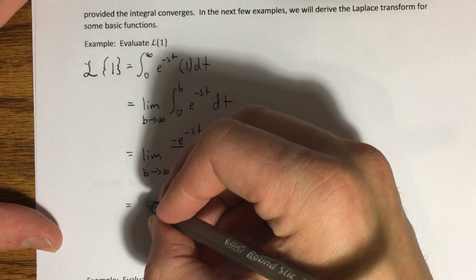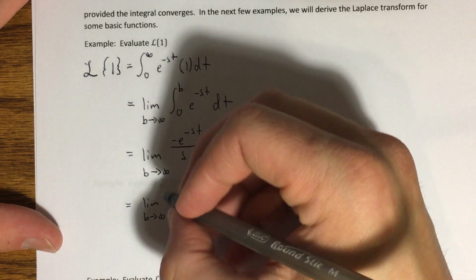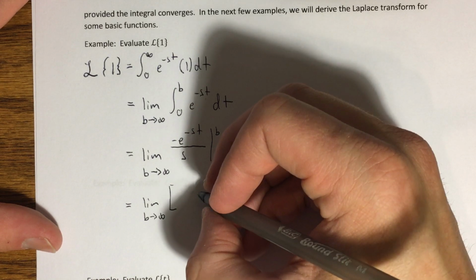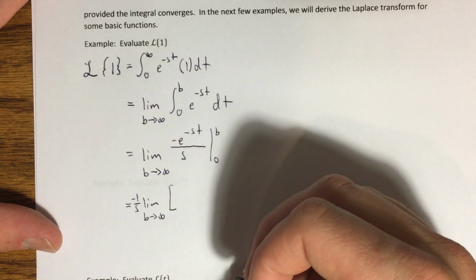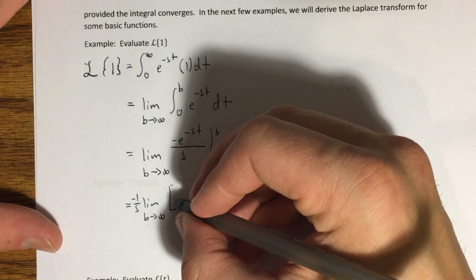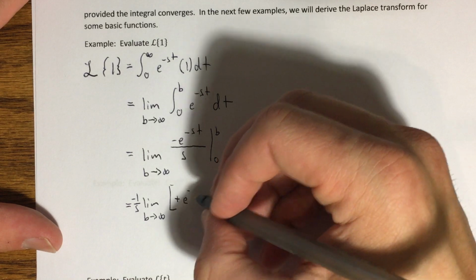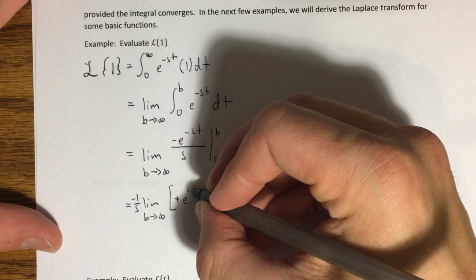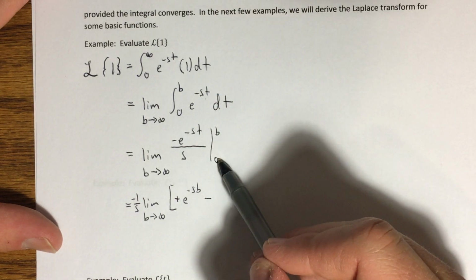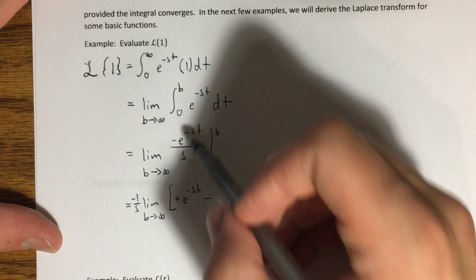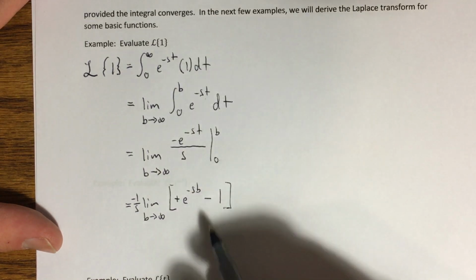That's equal to the limit as b goes to infinity of, let's pull the negative 1 over s out. Remember, that's a constant. We can do that. Negative e to the, sorry, that's positive now. I pulled the negative out. E to the negative sb minus, when I plug a 0 in for t here, that's going to equal 1 over s. I brought the s out, so that's just 1, or negative 1 over s.